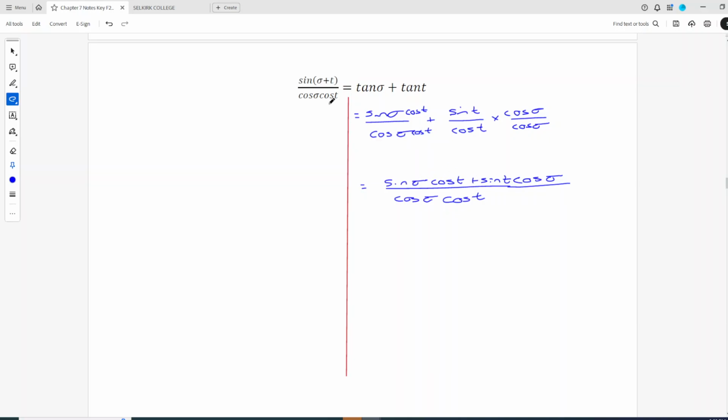So you can expand this guy out, or you could recognize that on the right-hand side, in my numerator, I have a pattern. Sine cos, cos sine. So you have to kind of think of these in a different order, because it didn't matter which way I wrote them when I multiplied them. So the way the identity goes is that's the sine of the first angle times the cos of the second plus the cos of the first angle times the sine of the second.